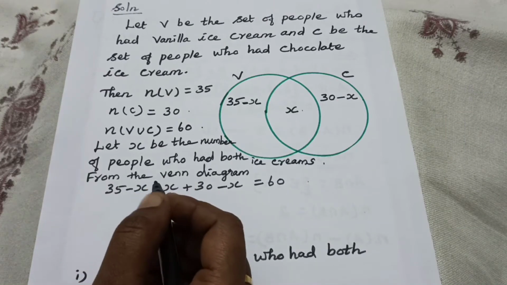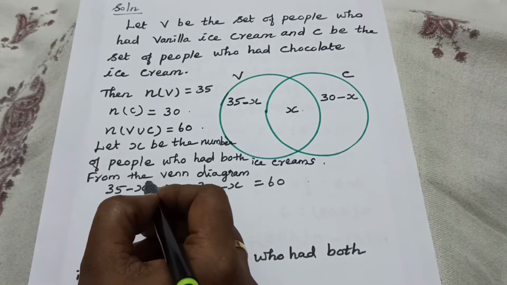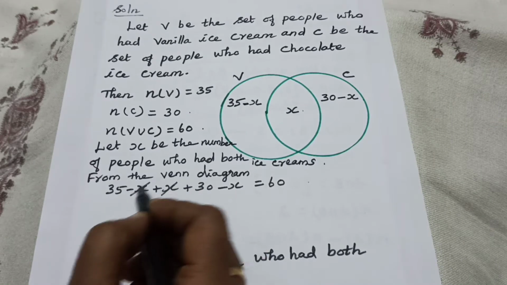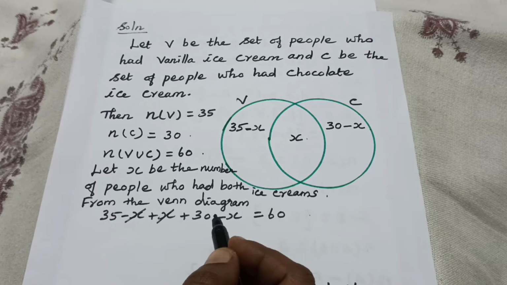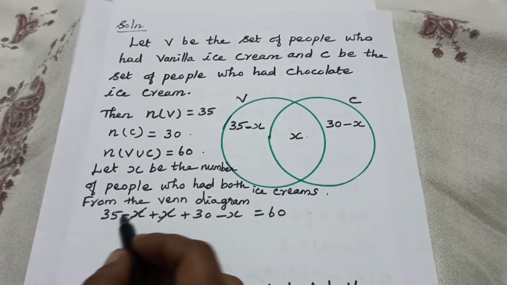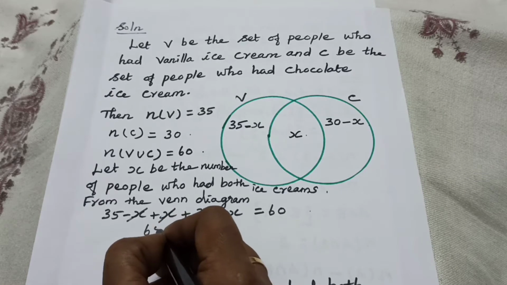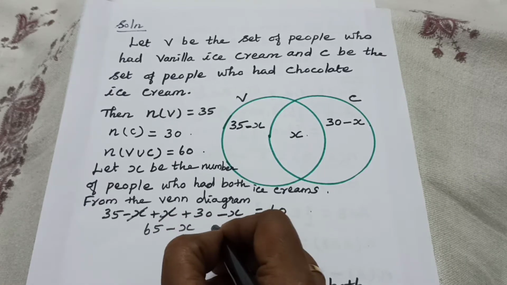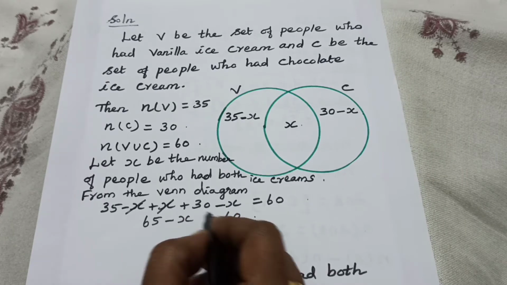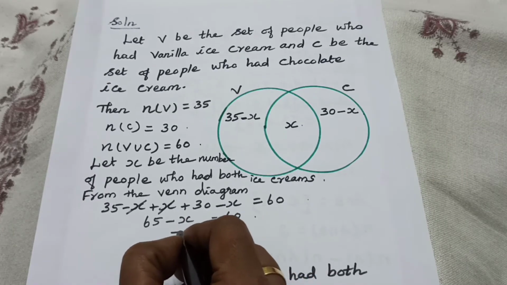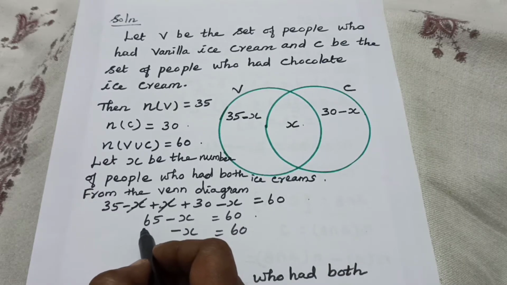Then shall we cancel this? Minus x plus x is what? 0, isn't it? Then these two we can cancel. Understood? Then afterwards 35 plus 30 is 65, minus x is equal to 60.